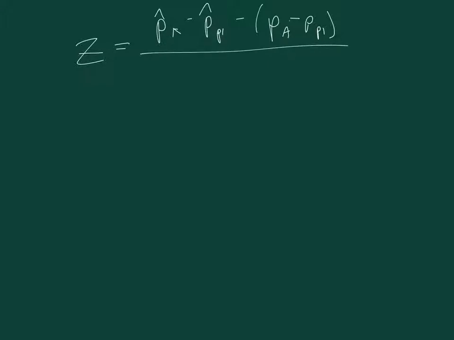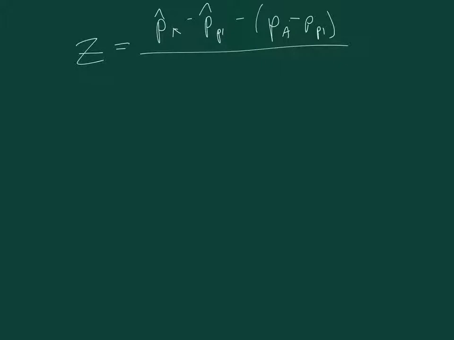think about my formula. My test statistic is Z equals statistic minus parameter. So P hat 1, or P hat A, minus P hat PL, minus PA minus PL, divided by, and now this is the case where in the denominator, because in the null hypothesis I assumed that they were equal, right?